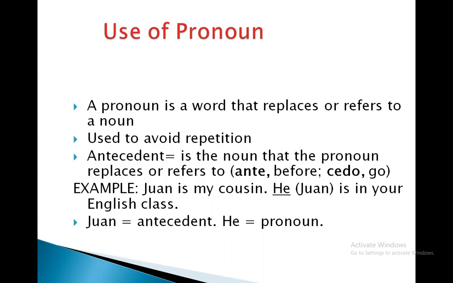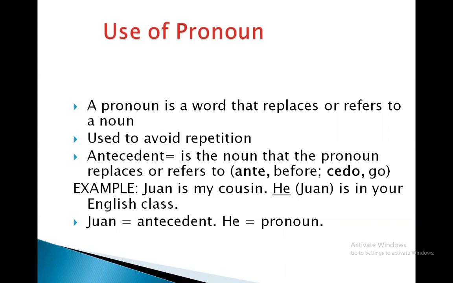For example, Sita is a good girl, Sita is brilliant, Sita is beautiful. I repeated the word Sita thrice, but instead of repeating, we can say Sita is a good girl, she is brilliant, she is beautiful. If we use the word she instead of Sita, it is called a pronoun, replacing the noun.